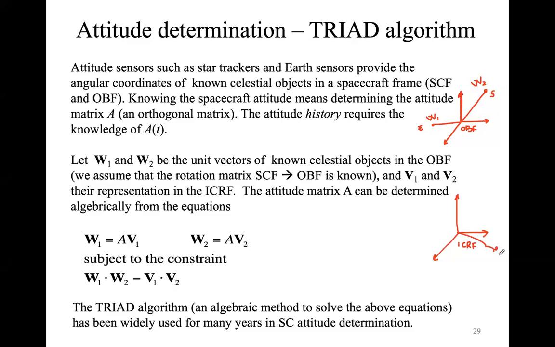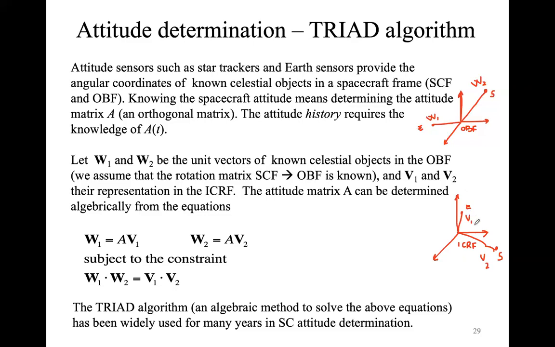So this is the Sun, and the Earth will be here, hoping that the relative position is the same, but anyway, let's assume it is. And these two vectors in the ICRF are called V2 for the Sun and V1 for the Earth.